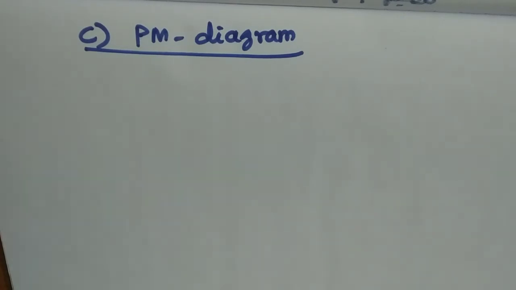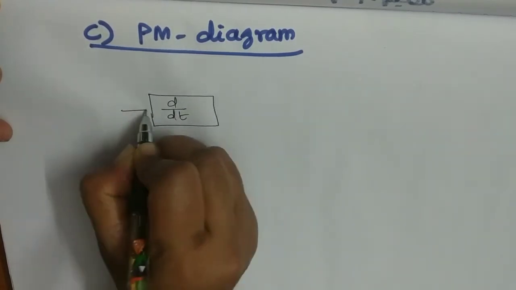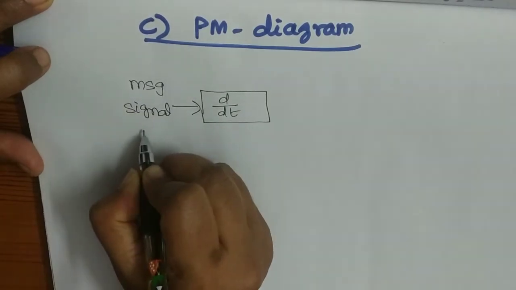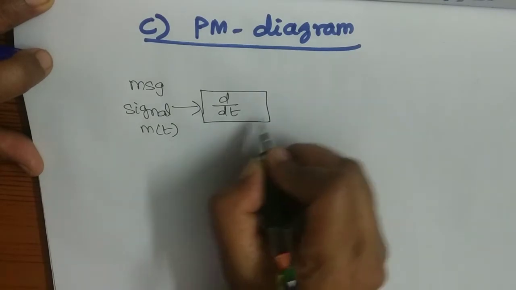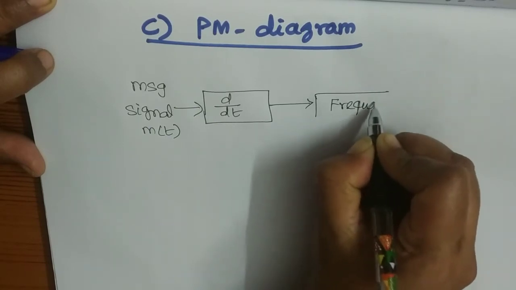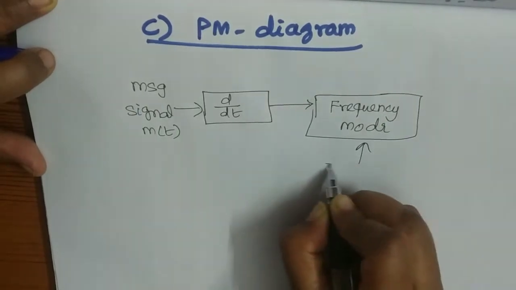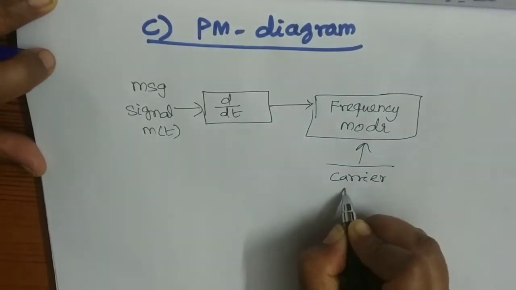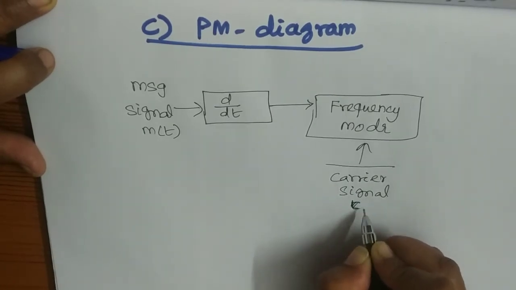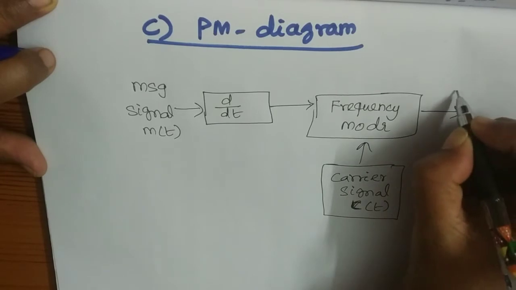Now I'm going to draw the phase modulator diagram. It's nothing but a differentiator, d by dt, where we give the message signal m of t as the input. Then the frequency modulator, then the carrier signal c of t, and finally the output.